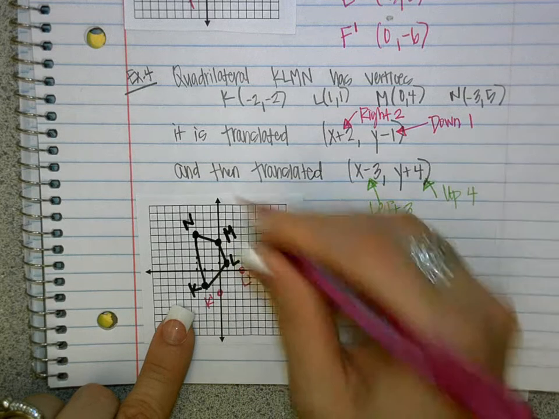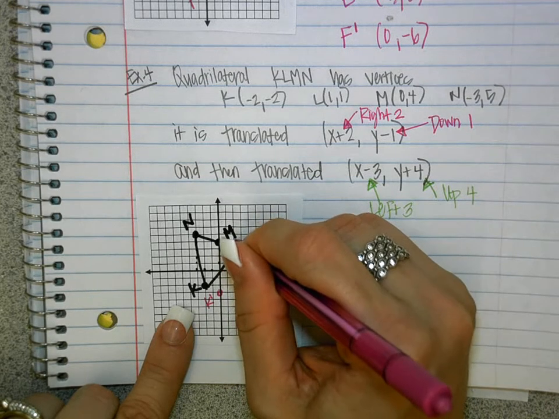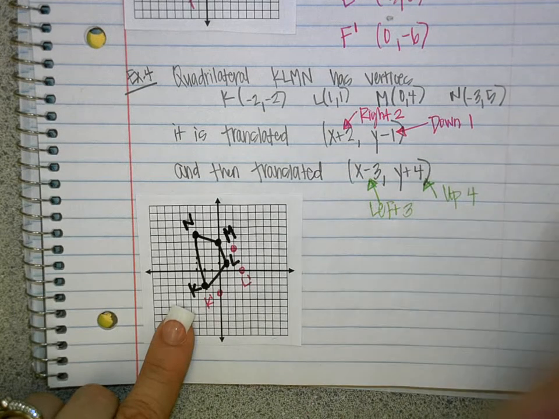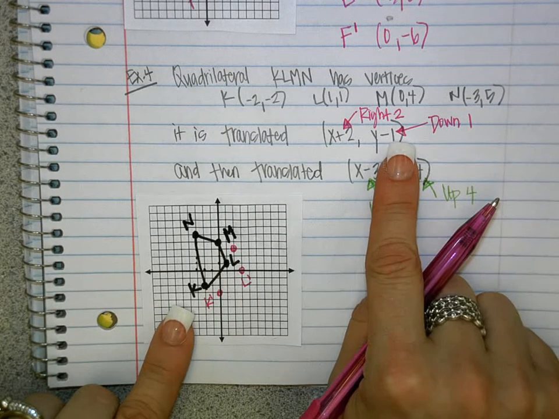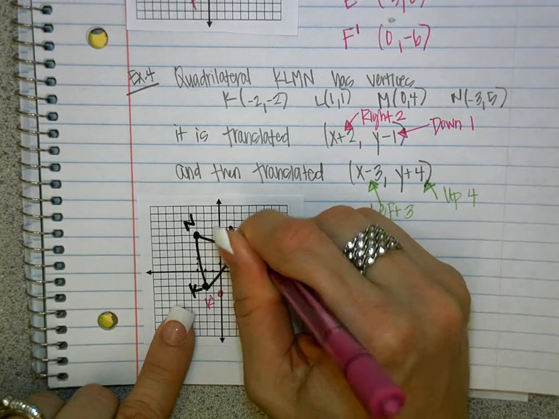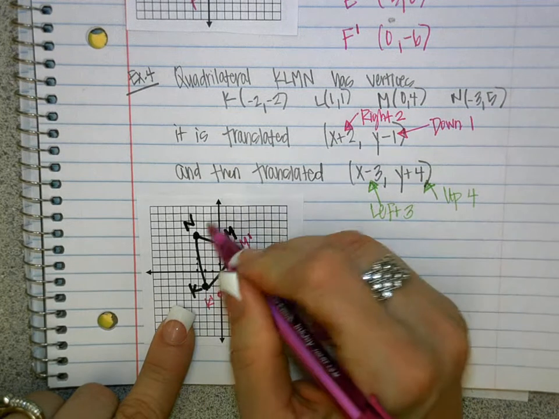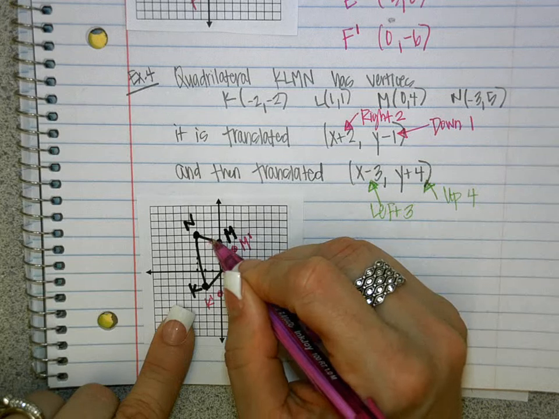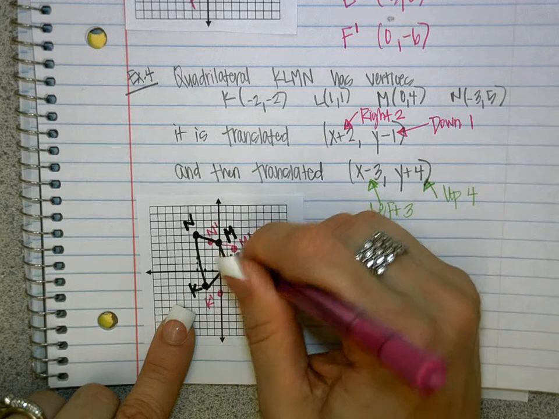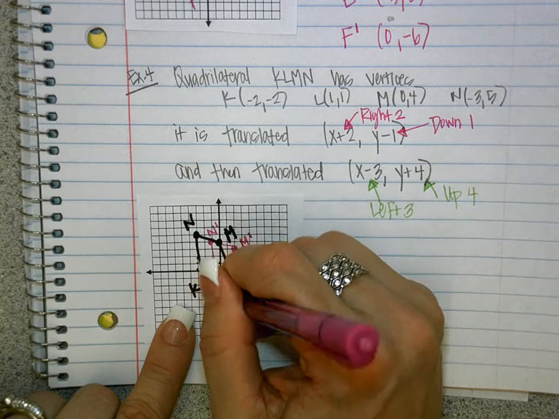M, same thing, right 2, down 1. Wait, isn't it 3? Nope, we're doing the first one first. So first you have to move these. That's your M prime. And then N, same thing, right 2, down 1. I could ask you for those coordinates, but that's not what I want.